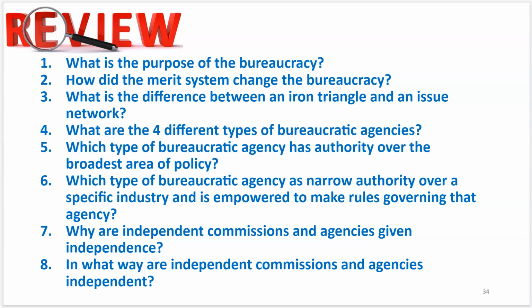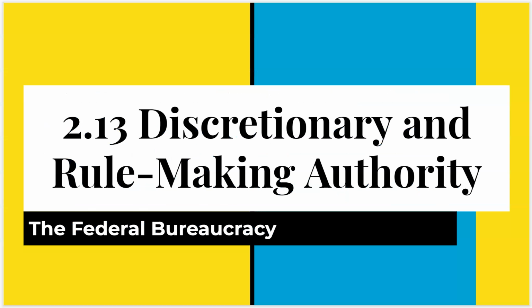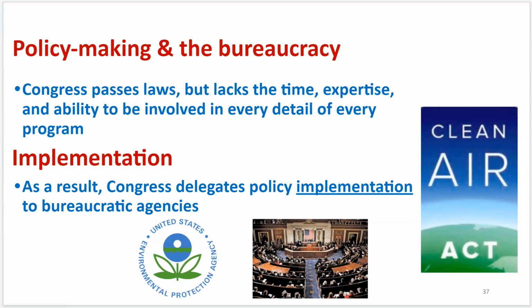We're going to go into 2.13 now, looking at rulemaking and that rulemaking authority in terms of discretionary authority. This idea of bureaucrats looking and making decisions based on policies, based on procedures, and how that impacts carrying out the law, which isn't always equitable, and it isn't always equal. But we definitely see some of that playing out.